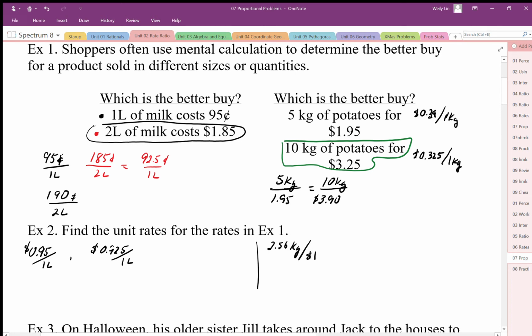That's for that one, and then I can do 10 kilograms divided by $3.25, and I get 3.07. I'm going to round that to 3.08 kilograms for $1. So again, this works out to be a better deal because we get more for each dollar.